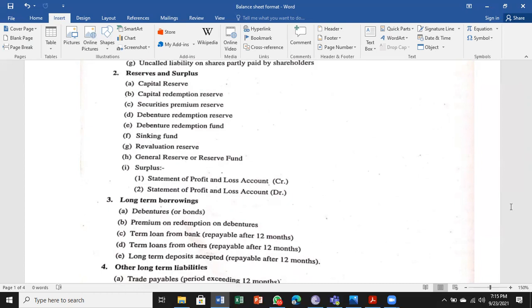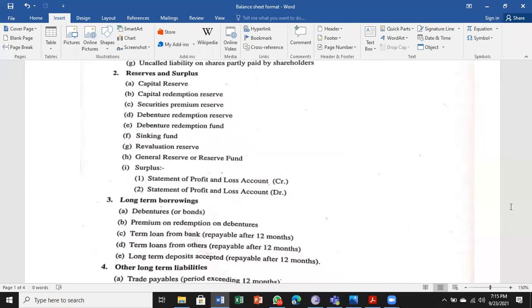Then securities premium reserve, when the company wants to repay the preference shareholders and wants to pay more money, that will be decided. Then debenture redemption fund is to repay the debentures. Like that, different purposes. If there is no purpose, it is called reserve fund or general reserve.